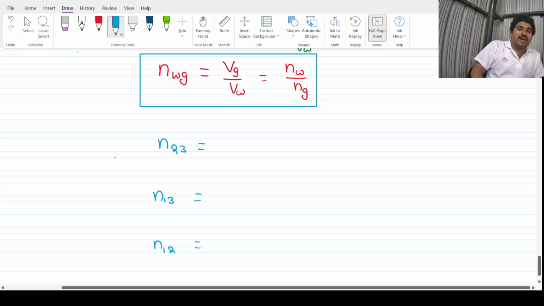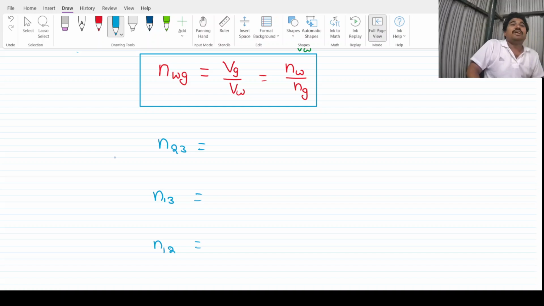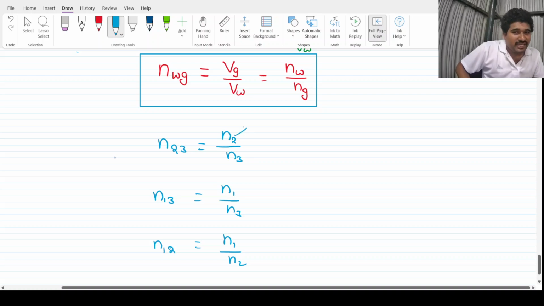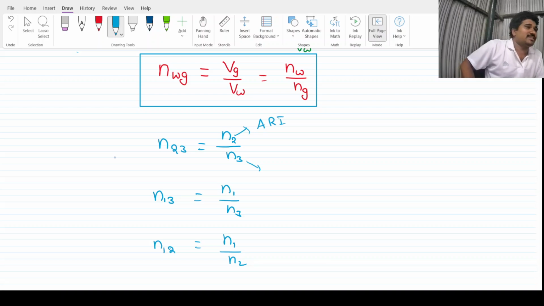Refractive index of medium 1 with respect to medium 2. So what is its formula? N2 by N3. Its formula is N1 by N3. Its formula is N1 by N2. What are these N1, N2, N3? Absolute refractive index. What is N23? Relative refractive index. Yes or no?